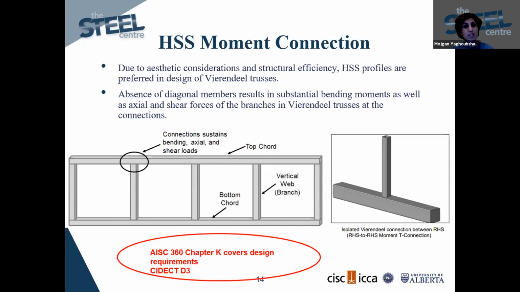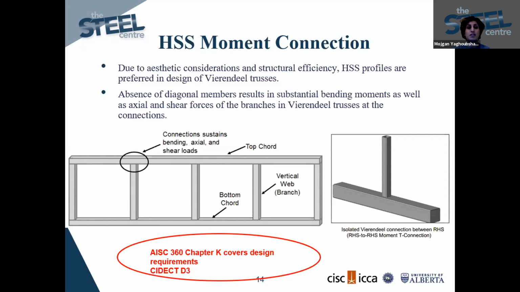But one of the good references that provides a design guideline to deal with the design of such connections is AISC 360 Chapter K, which covers all the design recommendations and everything we need to consider in design of such connections. And also there is another reference as well, CIDECT Design Guide 3, that covers the design recommendations.